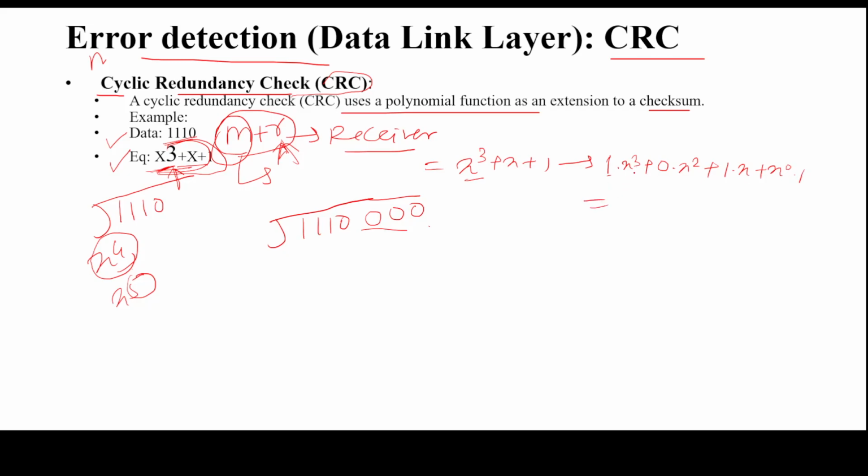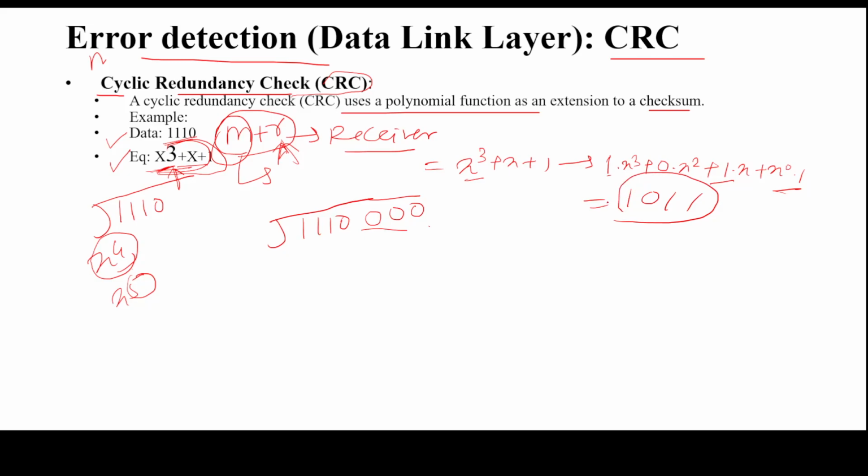So the output will be 1 for the first, 0 for the second, 1 for the third, and 1 for the last.